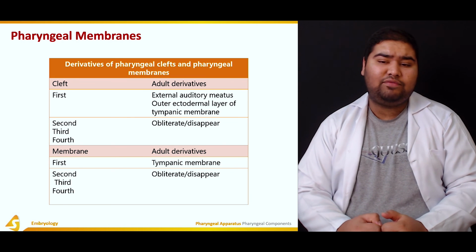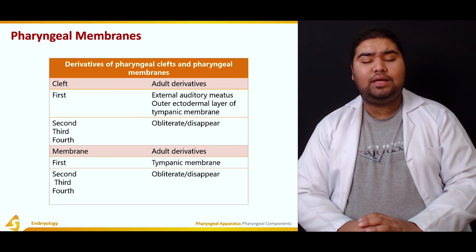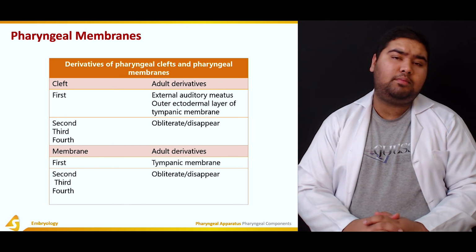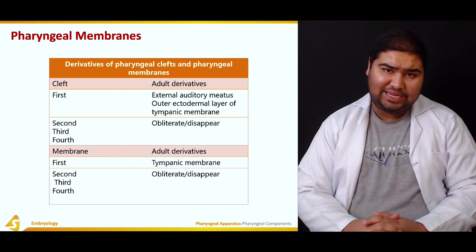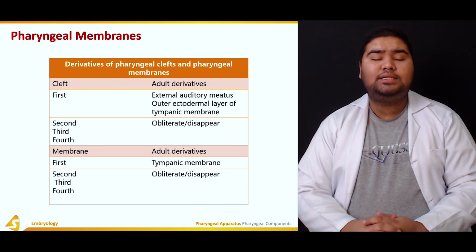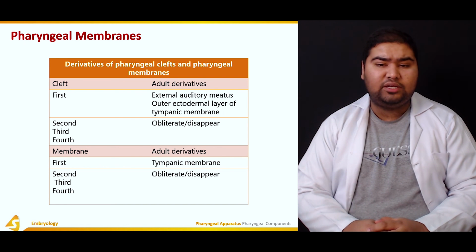The second, third, and fourth clefts obliterate and disappear. Similarly, the first pharyngeal membrane is the only membrane that gives rise to an adult structure, the tympanic membrane. The second, third, and fourth pharyngeal membranes disappear and obliterate.